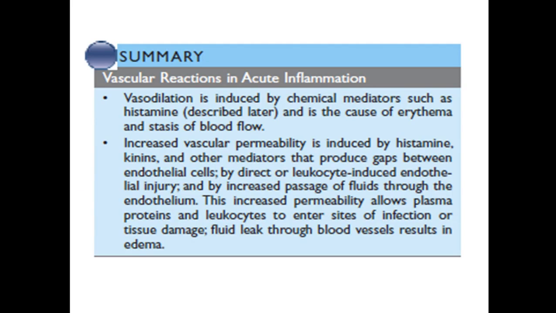So here we summarize the vascular reaction in acute inflammation. There is vasodilation, which is caused by the various chemical mediators, particularly histamine, which is released from the basophils and mast cells, and this vasodilation is responsible for the cardinal signs of redness and warmth.